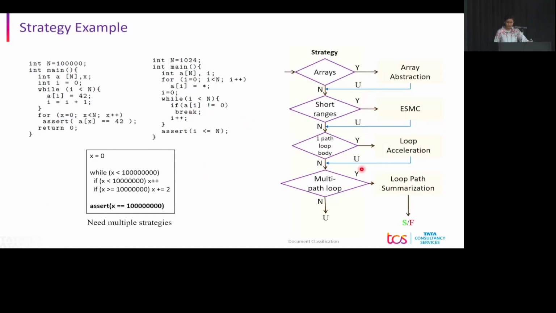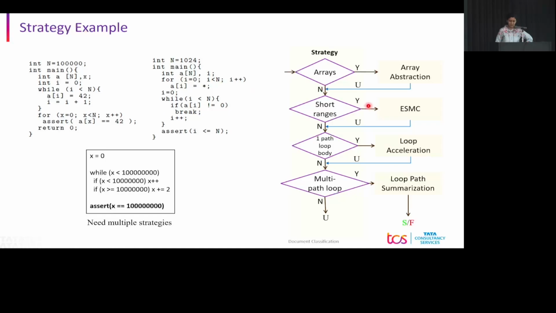I'll just give an example here for these programs. So for the techniques we saw earlier, you give an input. You first check if it has arrays. Yes, then you apply array abstraction. For this program, let's see. You apply array abstraction. If it generates an unknown, then you try the next technique. In this case, it will be verified, so you're done.